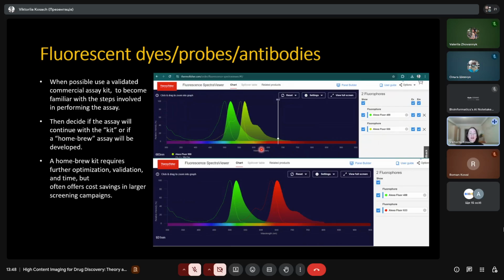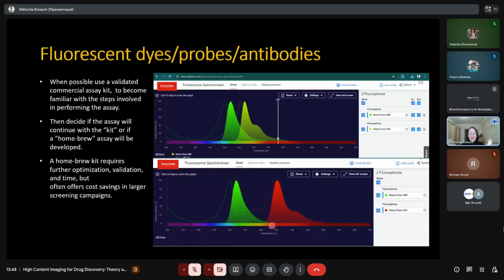So for a high content assay where you will use several fluorescent dyes, it is recommended to choose the dyes with the spectra that overlap the least. For example, like here, the dye with the green emission and with far red emission.